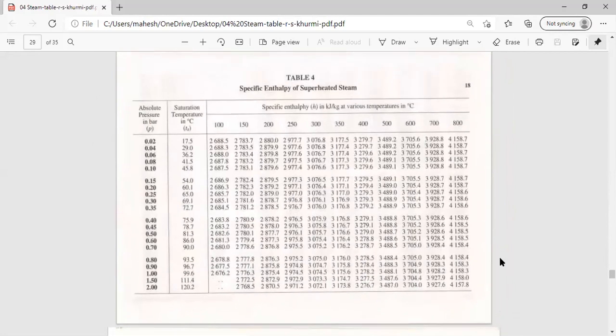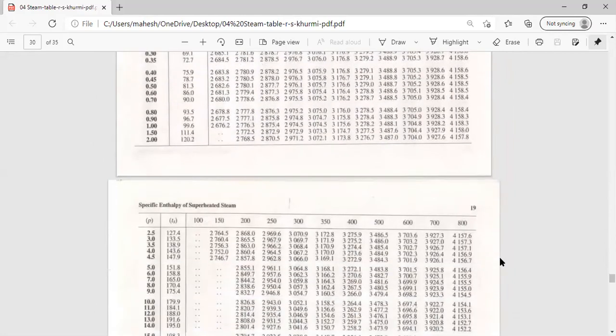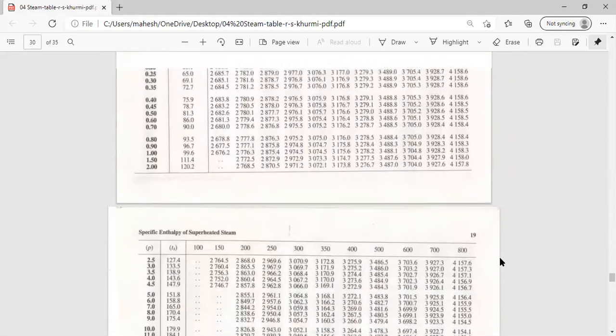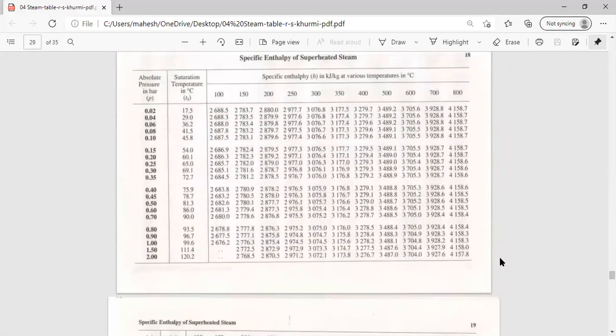If you are given a pressure of, let us say, 1 bar, you know that the boiling point is around 100 degrees centigrade, and if the temperature is mentioned as 200 degrees centigrade, you can read at 200 degrees centigrade what the value is. That is 2875.4 kilojoules per kg.